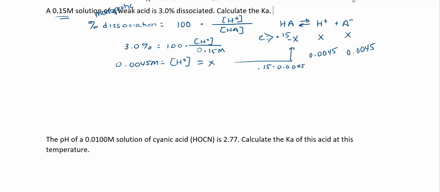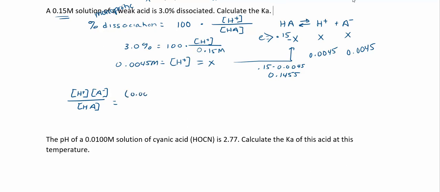So you should get 0.1455. And I'm not going to round that right now in order to eliminate rounding error. So the Ka expression is going to be the concentration of the hydrogen ion times the concentration of the conjugate base, all divided by the concentration of the weak acid, and all of that at equilibrium.